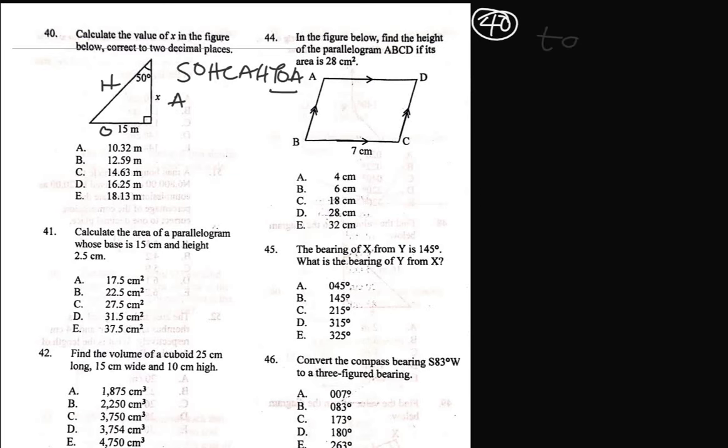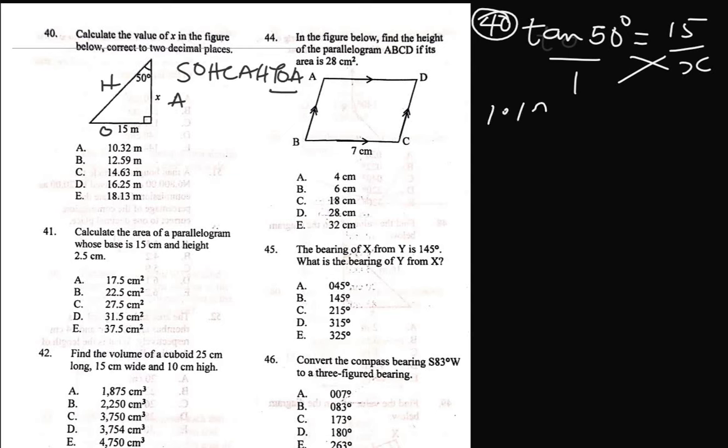Tan 50 degrees equals opposite, which is 15, over adjacent, which is x, this over 1. Then tan 50 degrees will actually give us about 1.1918 times x equals 15 times 1.